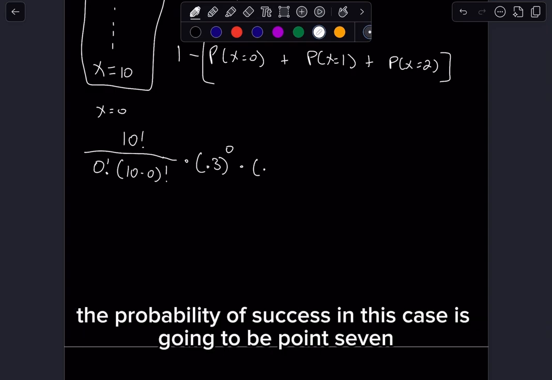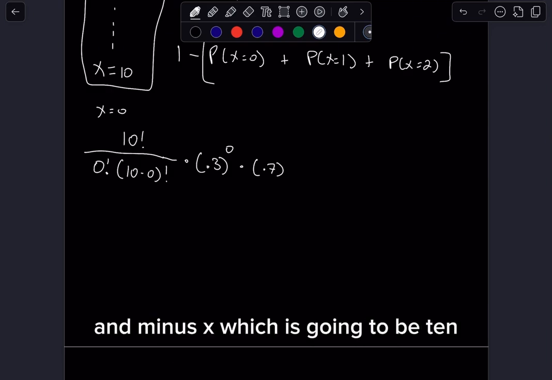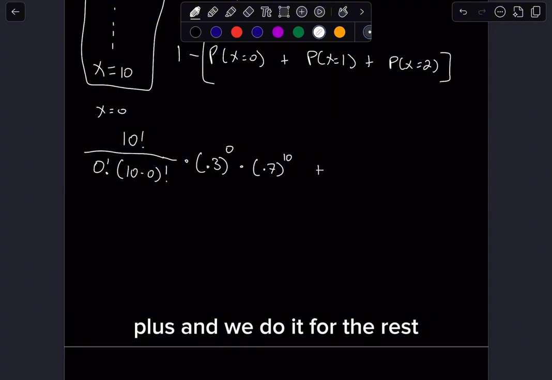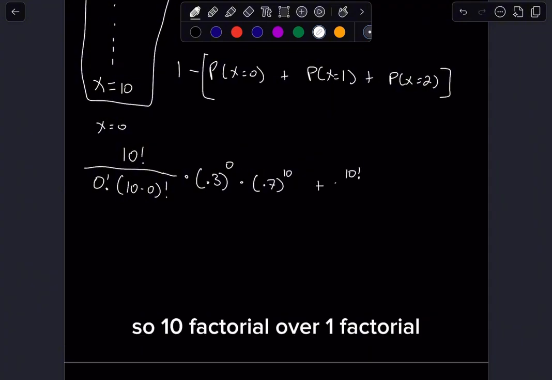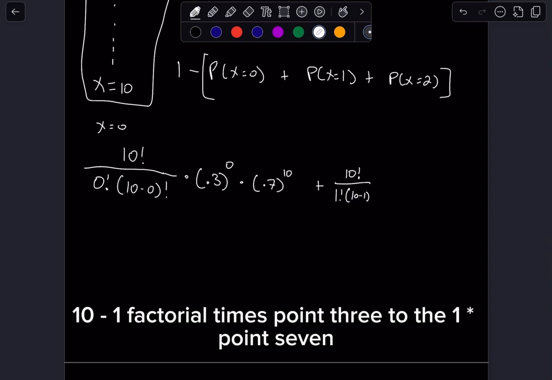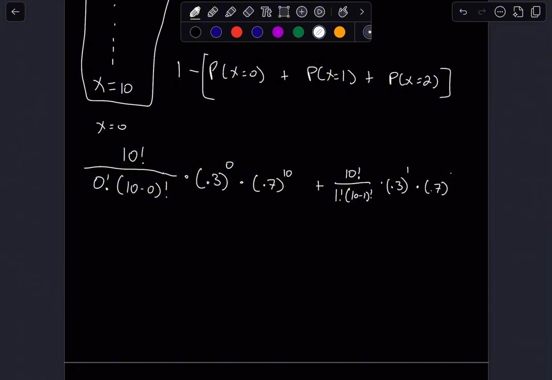In this case, it's going to be 0.7. N minus x, which is going to be 10, plus, and we do it for the rest. So 10 factorial over 1 factorial, 10 minus 1 factorial times 0.3 to the 1 times 0.7 to 9.